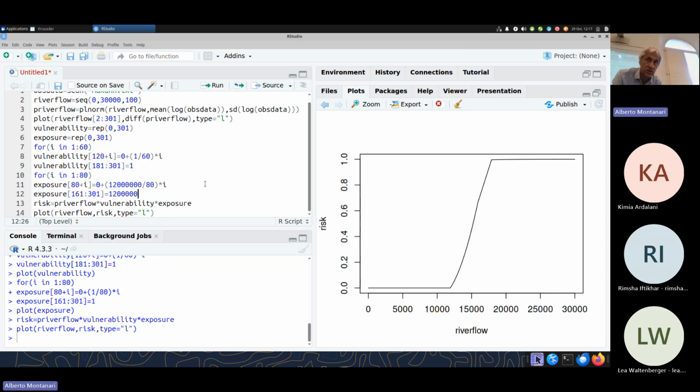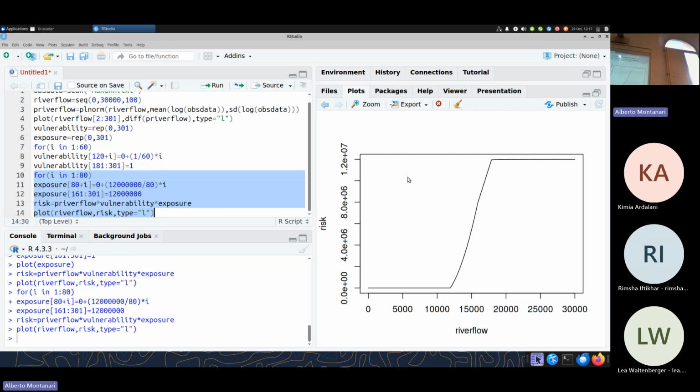Am I correct? It was 12 million? Okay, so let's repeat it, and then we can repeat also the plot. Run. Now it's perfect. It goes to 12 million.